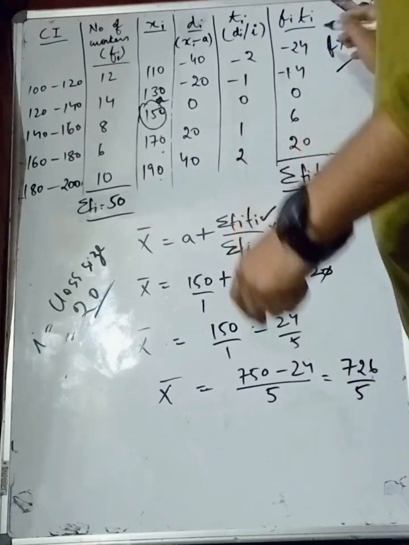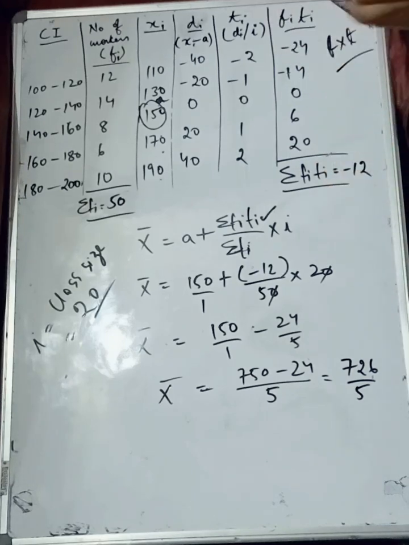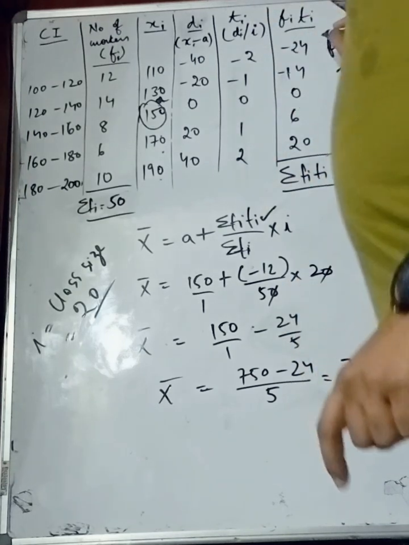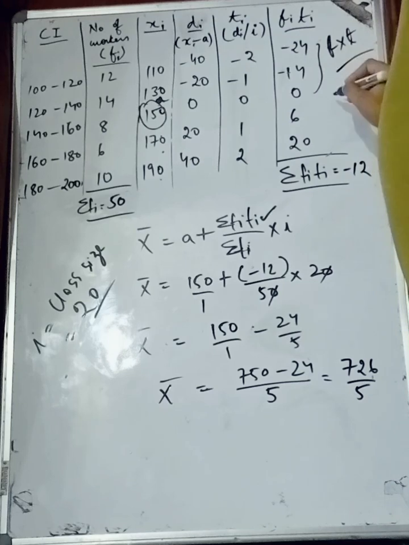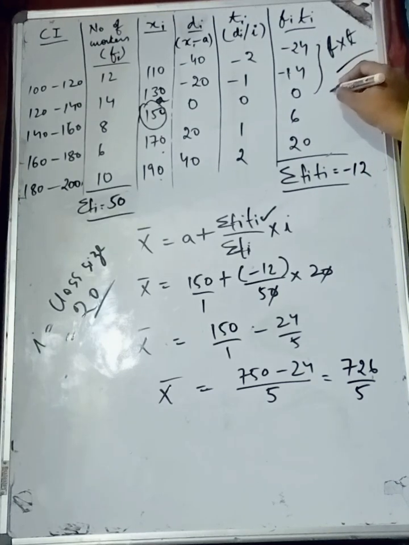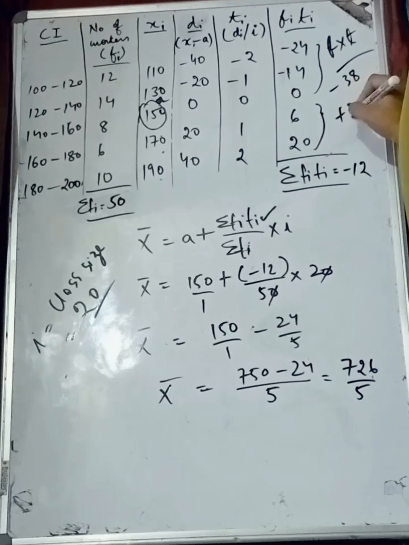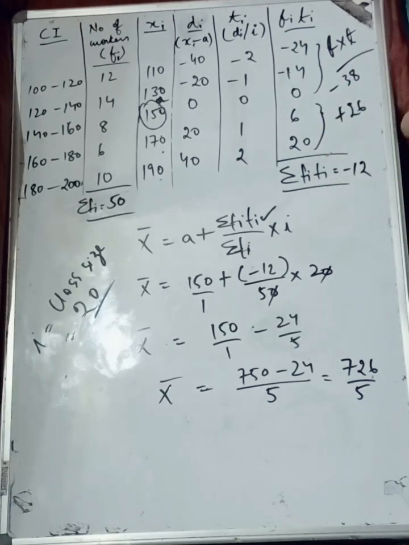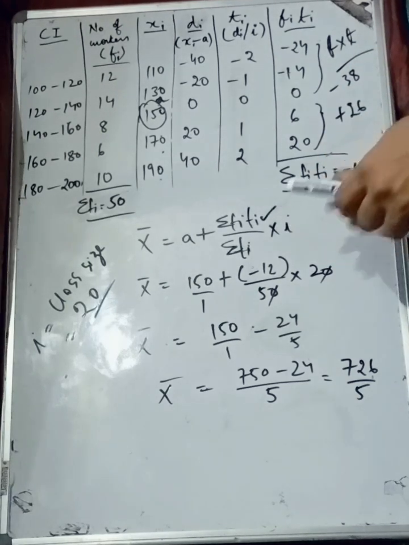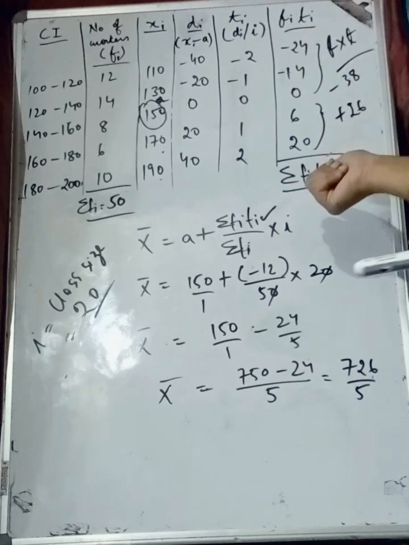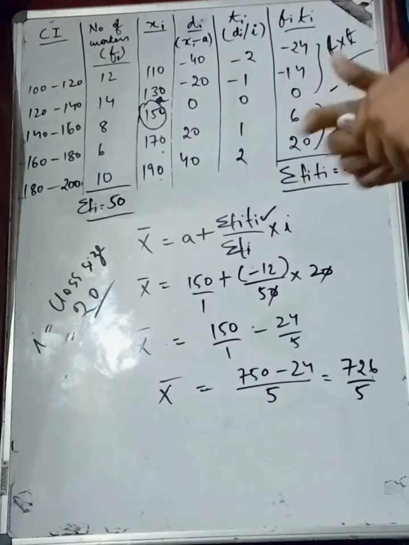We shall add these because we need the summation, the addition. So minus 24 minus 14 will be minus 38, and 6 plus 20 will be plus 26. So minus 38 plus 26 will be minus 12. The value of summation fi ti here is minus 12.